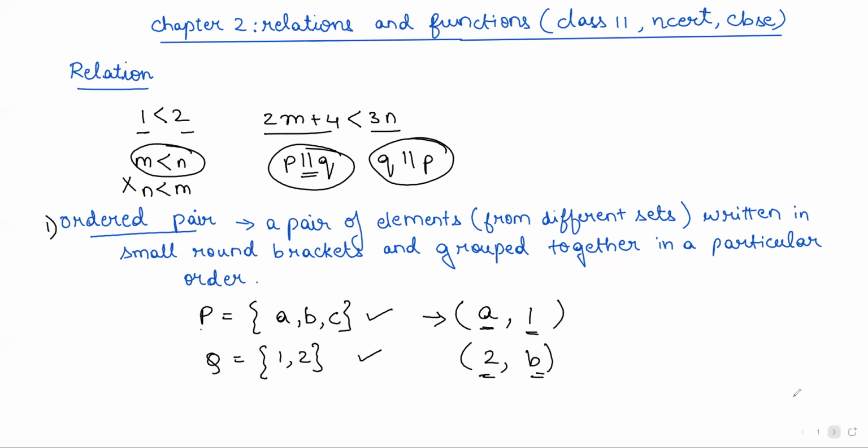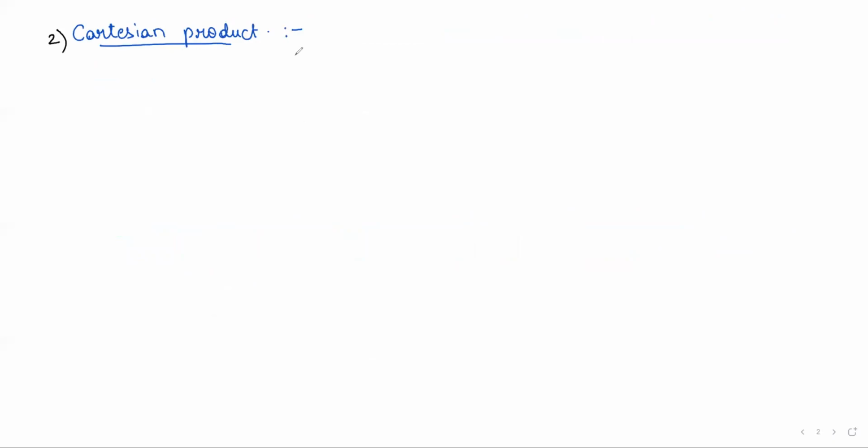Now, let's understand what a Cartesian product is. Cartesian product makes use of these ordered pairs of elements. So, if you have, again, two sets P and Q, and P, we took an example for it, A, B, and C, but we can also represent it in terms of variables.